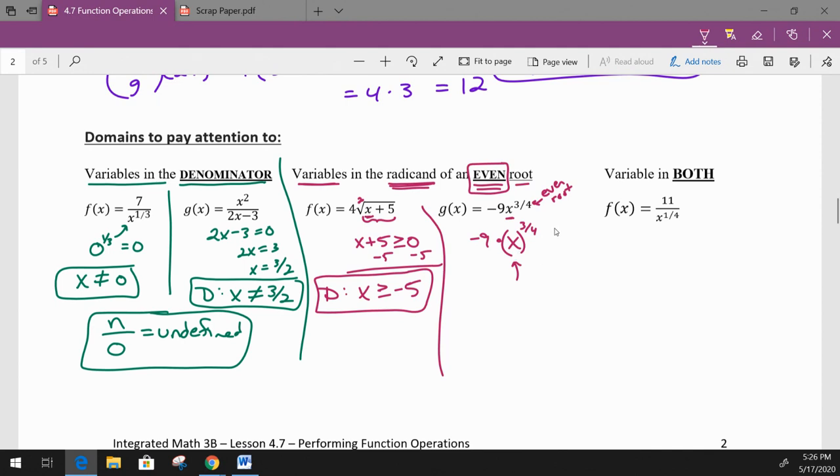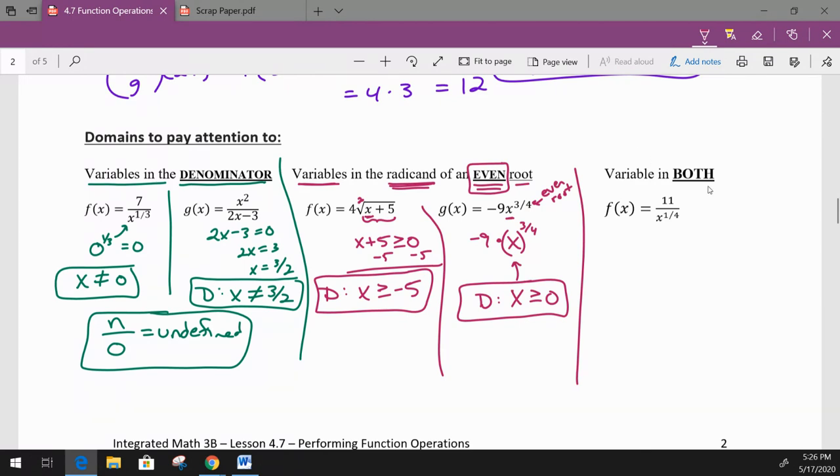It's an even root, so it has to be positive or equal to 0. So again, we would say our domain would be any x that is greater than or equal to 0. There are a couple of ways you might see even roots, written as a radical or written as a rational exponent, where the denominator is the root.